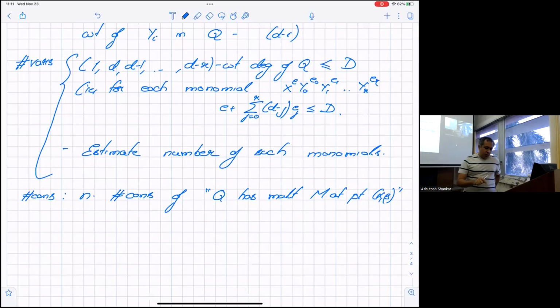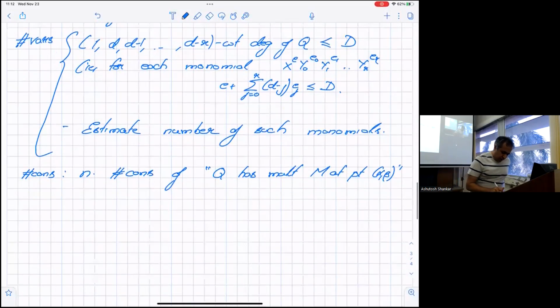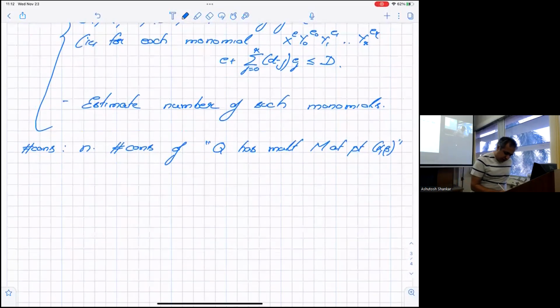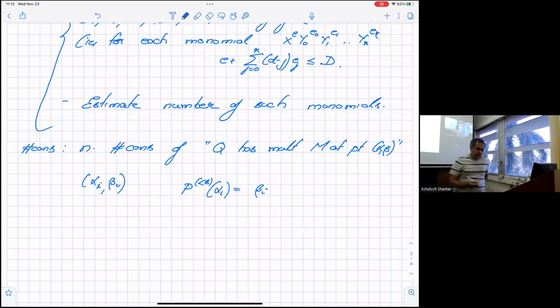We want to do the same thing over here. We want a multiplicity. So let's take a specific point alpha i, beta i. Suppose it were a point of agreement, then we know that P at alpha i equals the vector beta i.